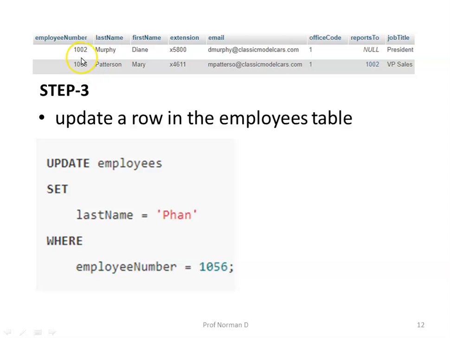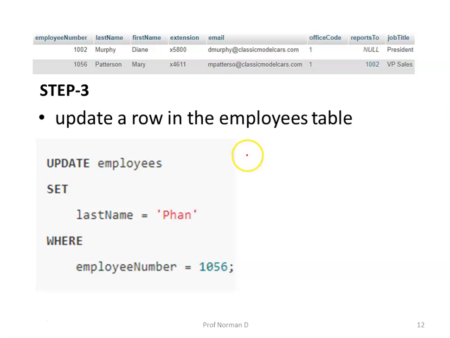This is a snapshot of your employees table. I have just taken the first two tuples from your employees relation. It gives you the employee number, the last name, the first name, the extension, email, office code, reports to, and the job title of each and every employee.